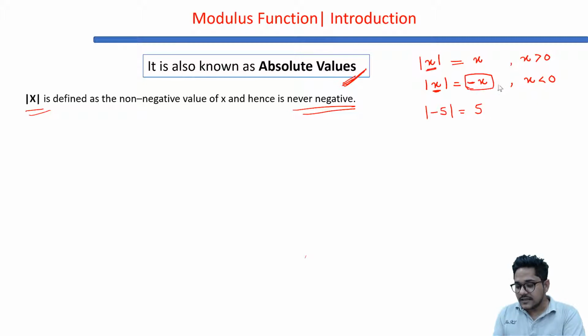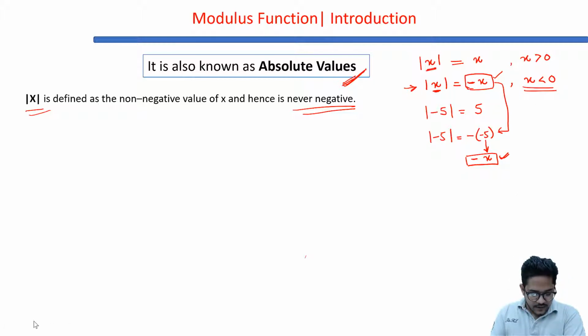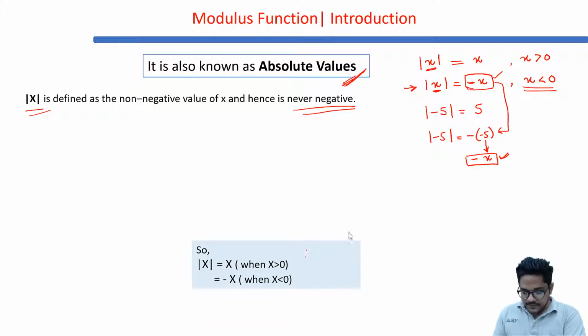In order to represent in this form, we'll write modulus of minus 5 is nothing but minus of minus 5. Minus 5 over here is x and this is minus of x. So hope this concept is very clear that modulus of x equals minus x when x is less than 0. Fine. So what we have learned till now is that modulus of x equals x when x is greater than 0 and modulus of x equals minus x when x is less than 0.